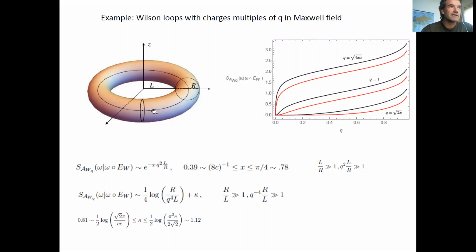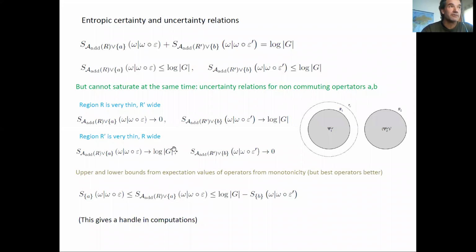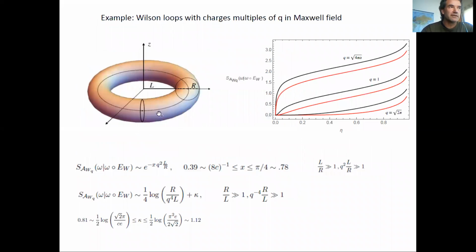And in the opposite case, when the ring is very wide, of course in this case the group is infinite dimensional, so you don't have log G, you have infinity there, so it's unbounded. When the ring is very wide, it doesn't have a bound, it increases forever logarithmically.